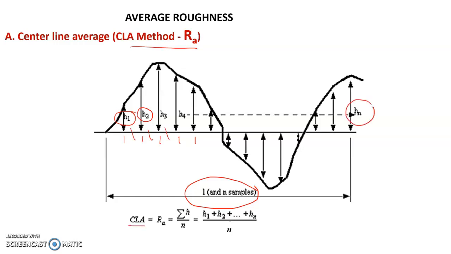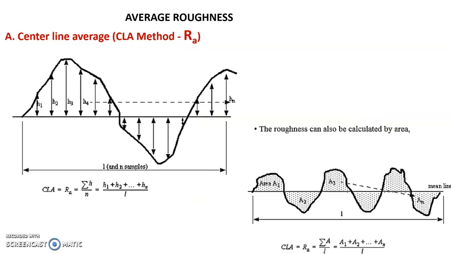The CLA value is given by sigma H by N, or H1 plus H2 up to Hn divided by N. The roughness value can also be calculated in CLA using this equation.